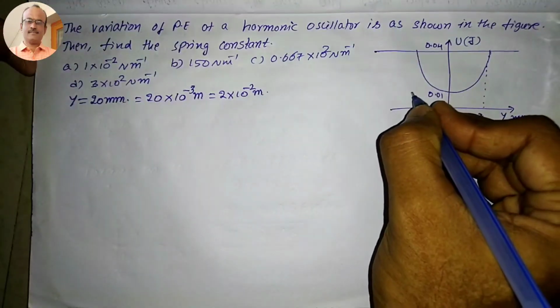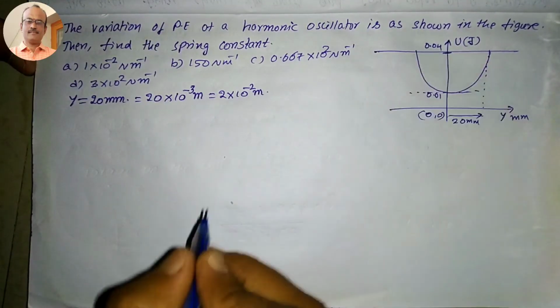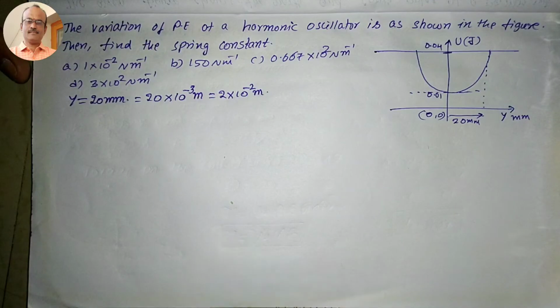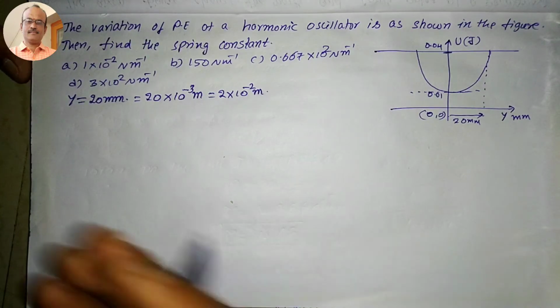Then afterwards here, this is the minimum potential energy and it is the maximum potential energy. So to find the spring constant, the difference between the maximum and minimum potential energies is equal to the change in potential energy.